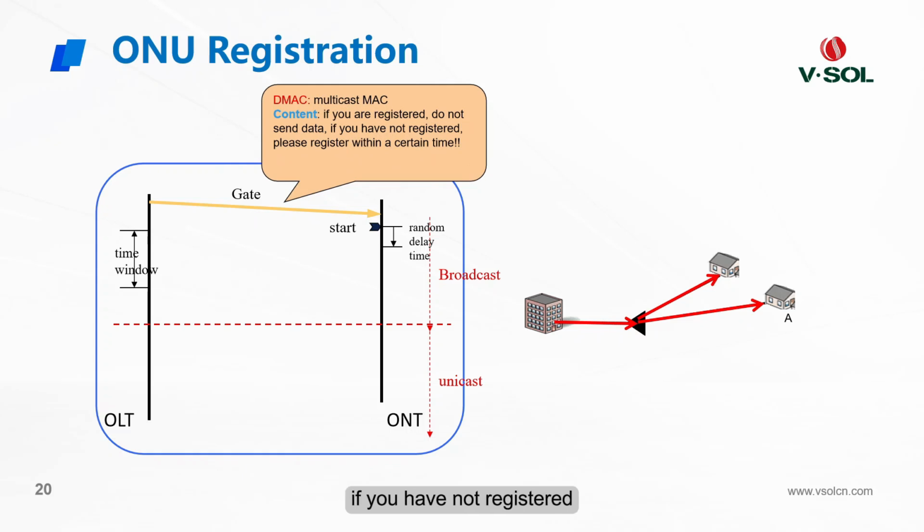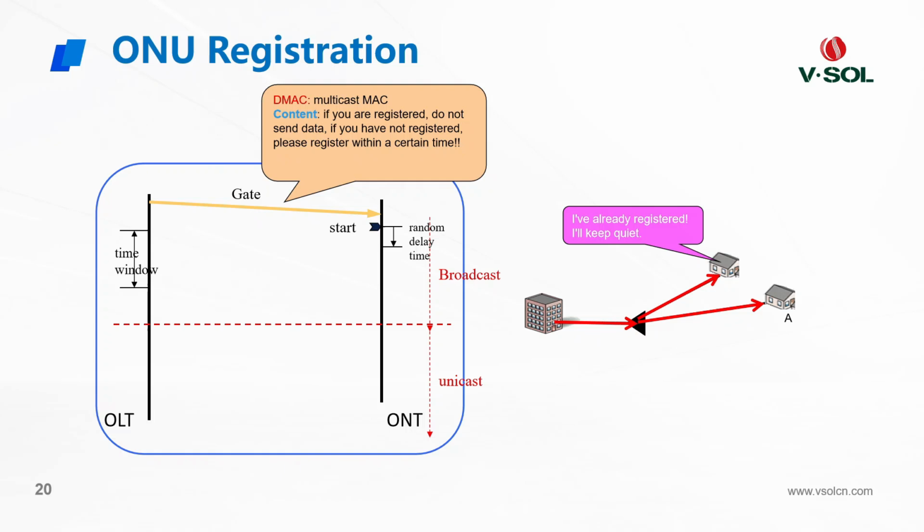If you have not registered, please register within a certain time. ONU receives this message and tells OLT its status. For example, if ONU online, it will say I've already registered, I'll keep quiet. If ONU offline, it will say I want to register.